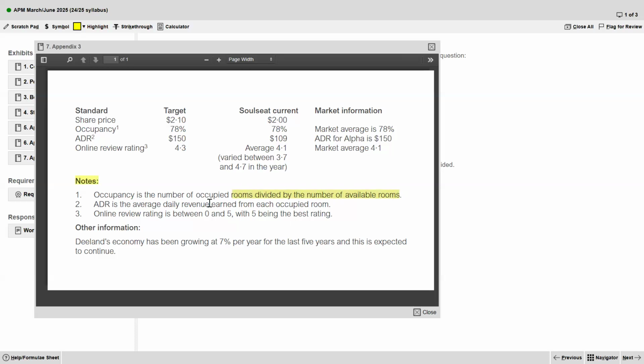ADR is the average daily revenue earned from each occupied room. Online review rating is 0 to 5, 5 being the best rating. Other information: D-Land's economy has been growing at 7% per year for the last 5 years, and this is expected to continue. What is the examiner expecting us to do?